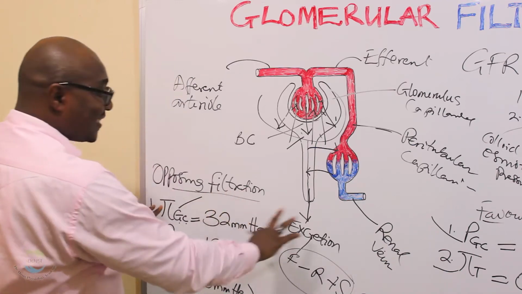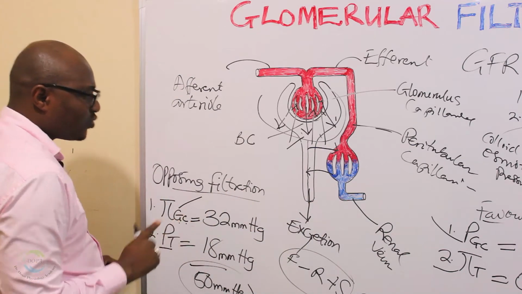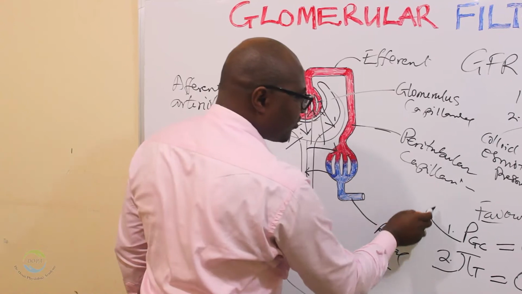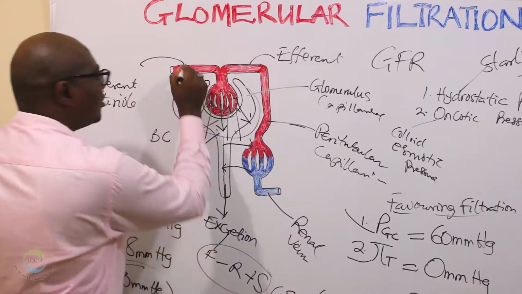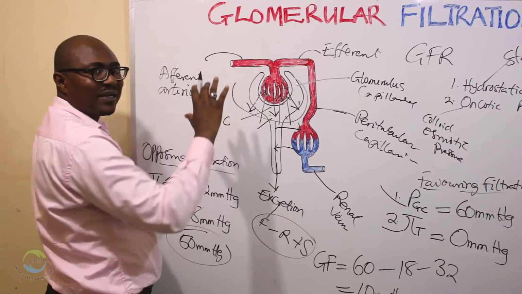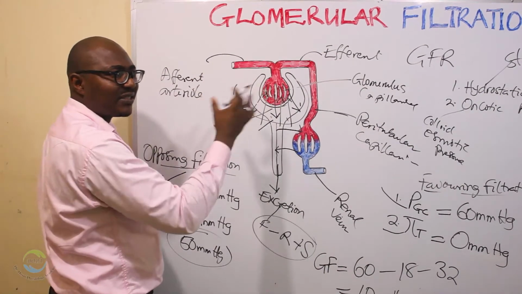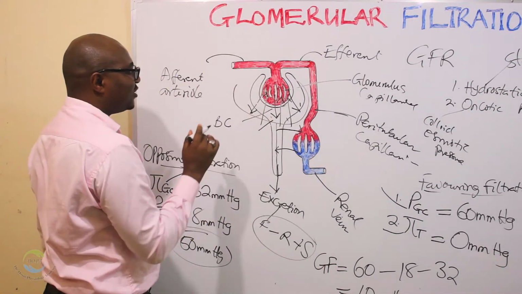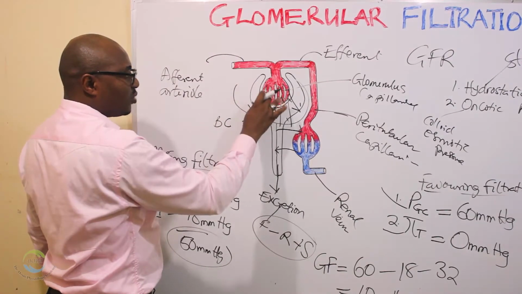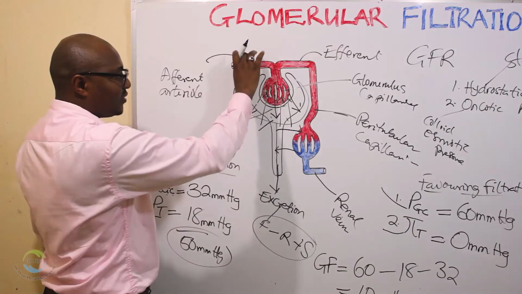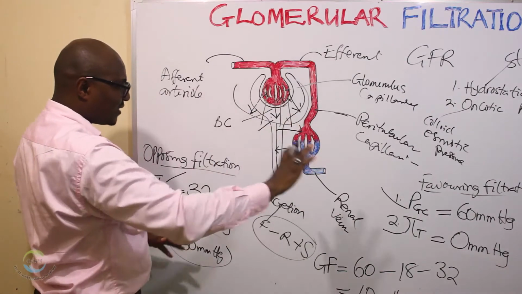So these are the Starling forces. So now, what do you think will increase or reduce hydrostatic pressure? Like we have said, sympathetic nervous system, angiotensin 2, and those things that we mentioned, when they constrict this vessel, they will also reduce. When it's dilated, it increases. So that's that.